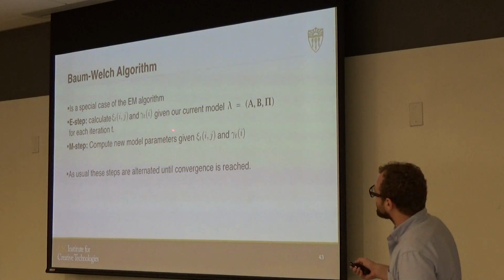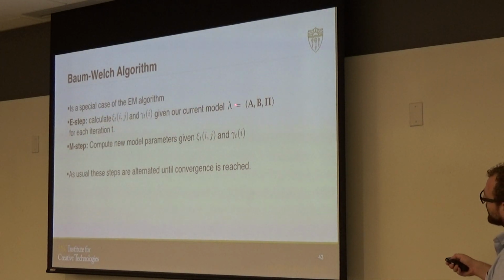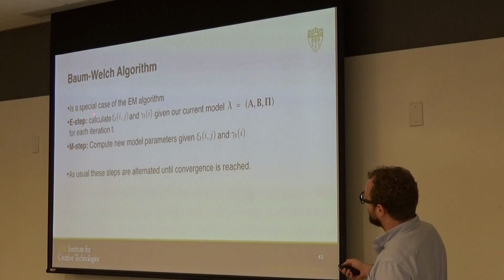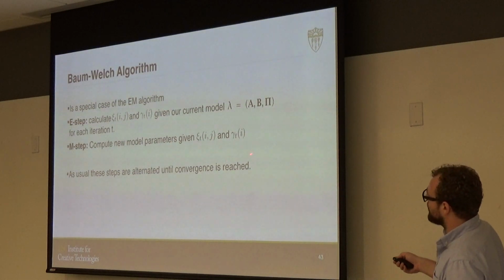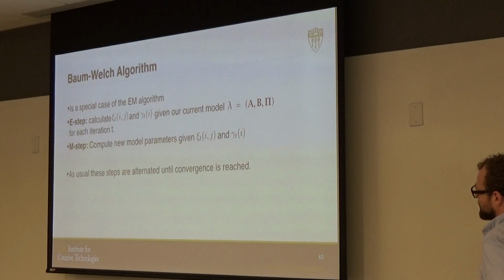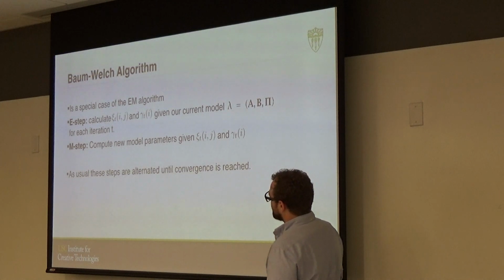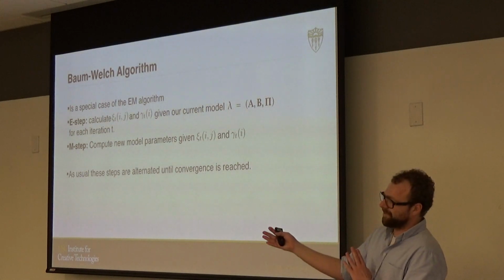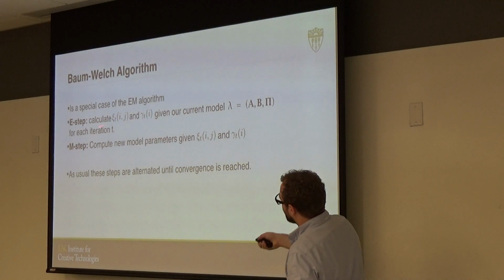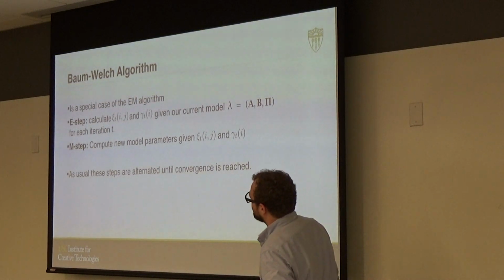We basically need to calculate this for our current model, and then compute the new parameters that further optimize the probability of observing this set of sequences. These steps alternate: we do expectation, where we compute the probabilities for a certain model, and then we maximize, then we compute the expectation again, and then we maximize again.